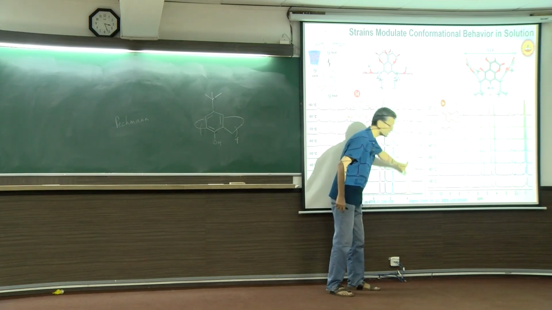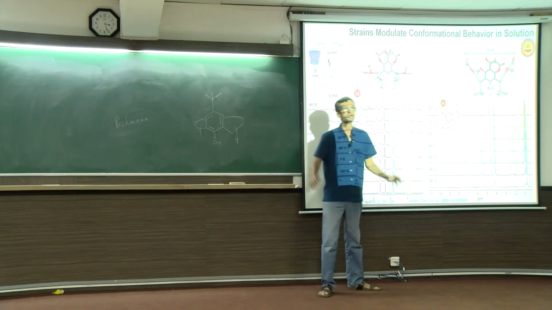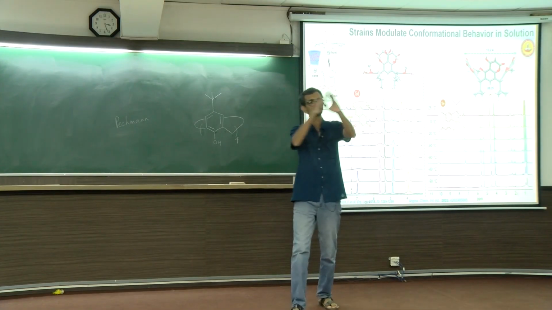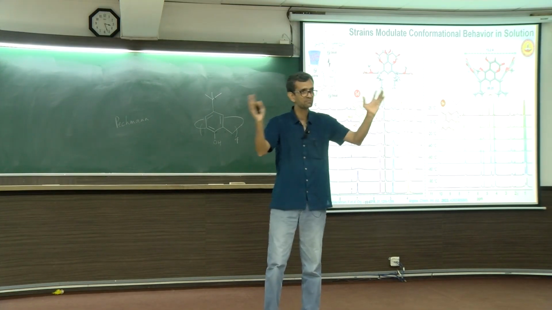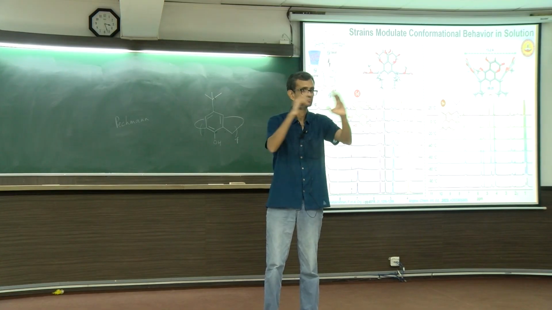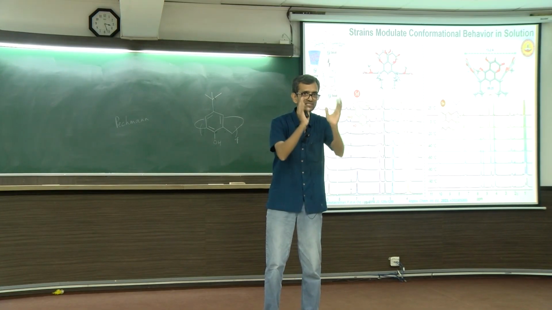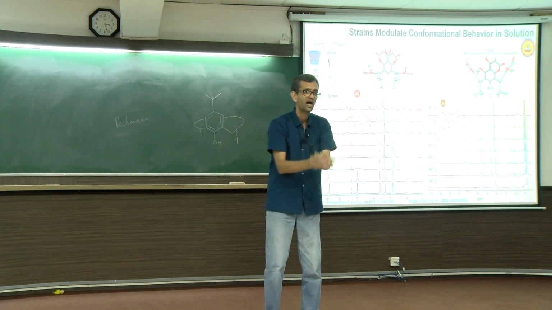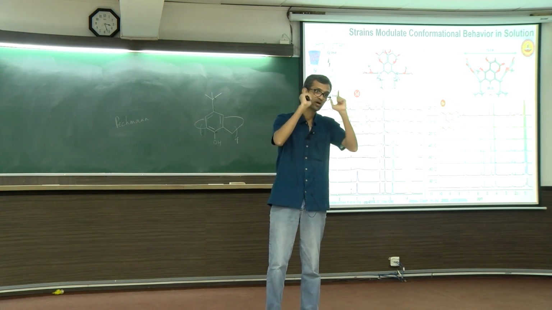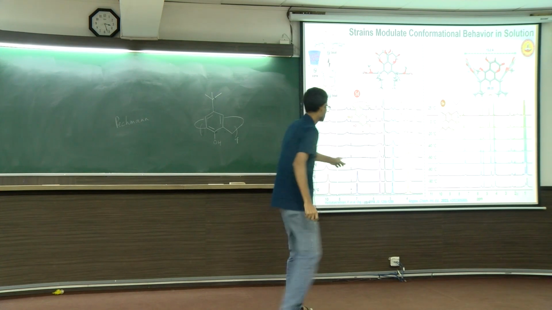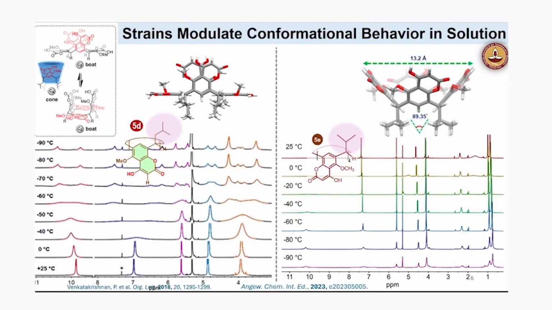But if you lower the temperature, you can make this conformational equilibrium a little slower. Then the machine is able to detect and say, hey, now you have two conformers. Look, there is one signal for that and another signal for that. NMR spectroscopy can distinguish up to a few milliseconds, not more than that.